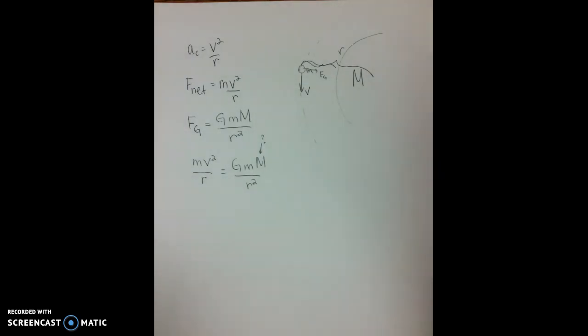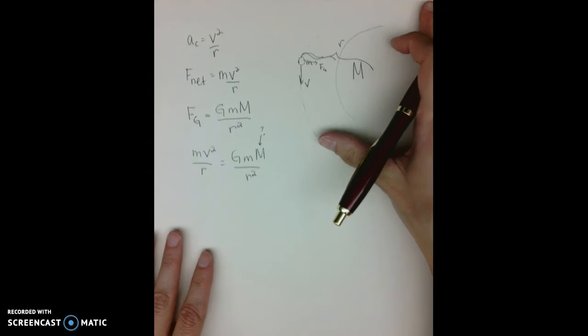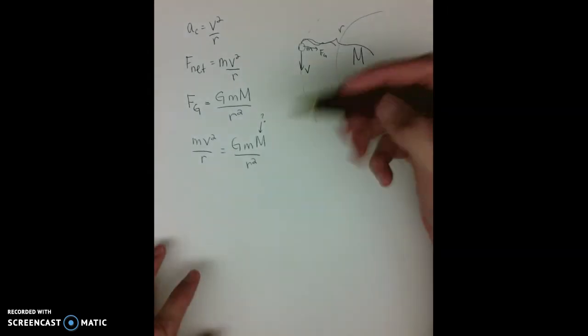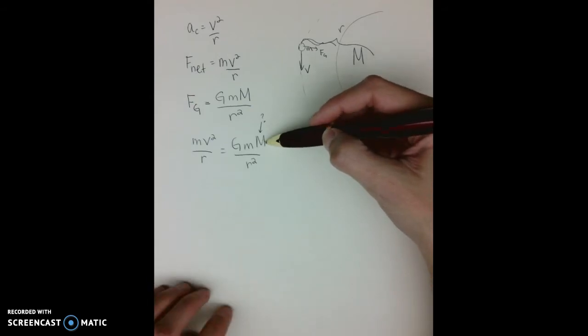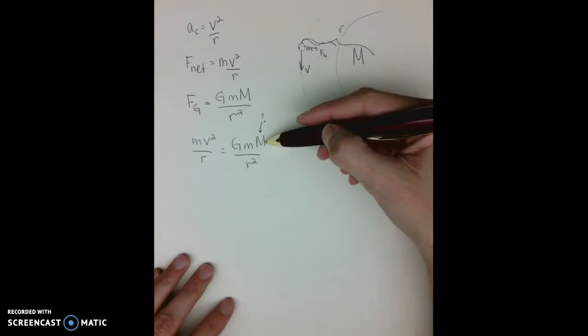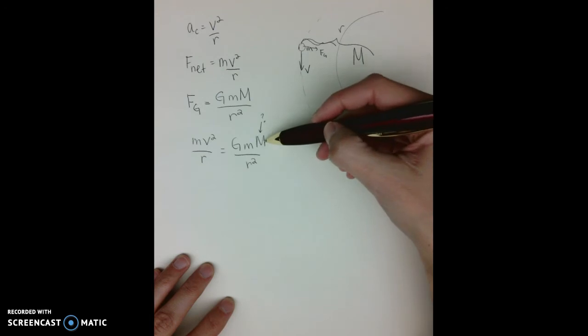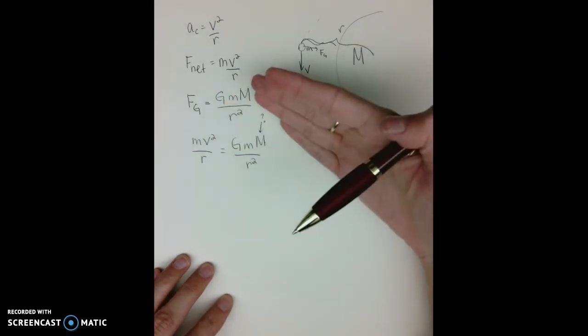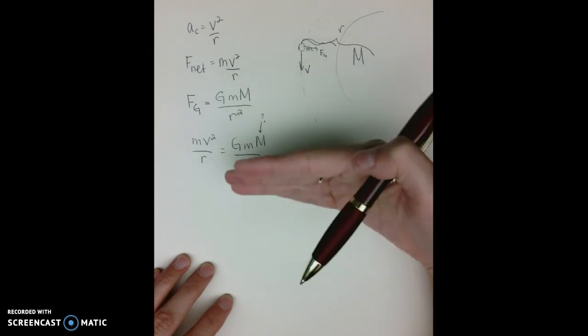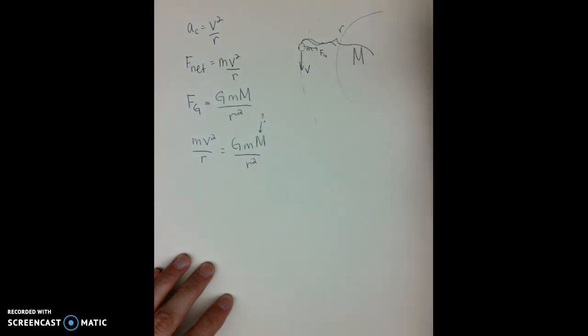Okay? I don't know. So I'm going to take the data I collect here and I'm going to graph it in such a way so that the slope of my line yields big M. And so again, I just need to get big M in the slope position, or isolated, and then what's on the top of my fraction goes on the y-axis and what's on the bottom goes on the x, based on slope.